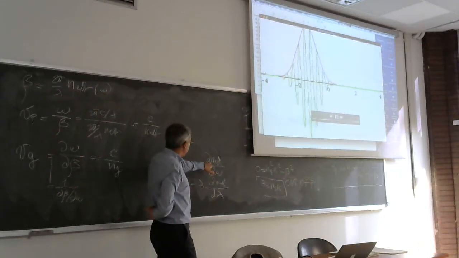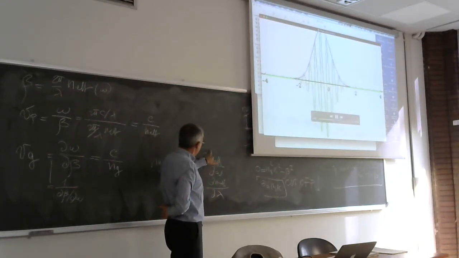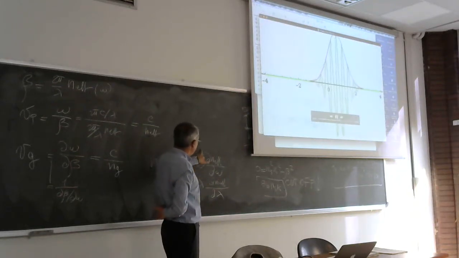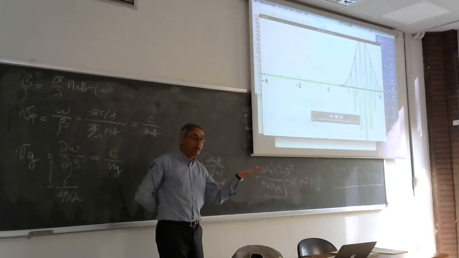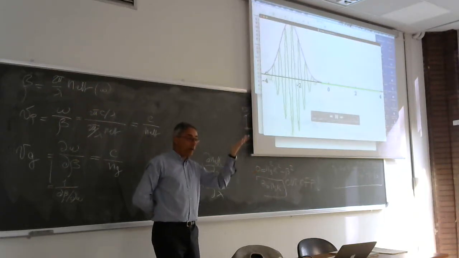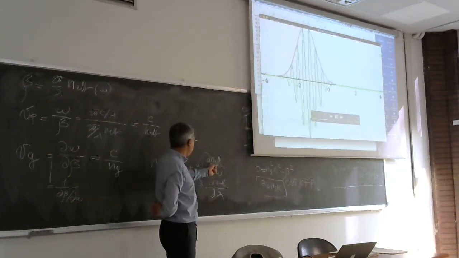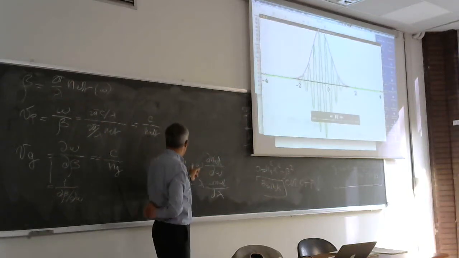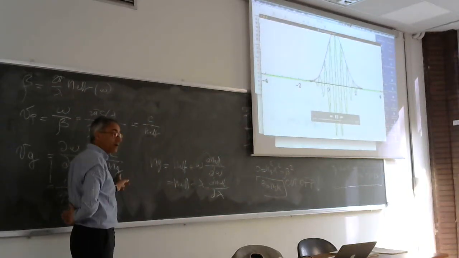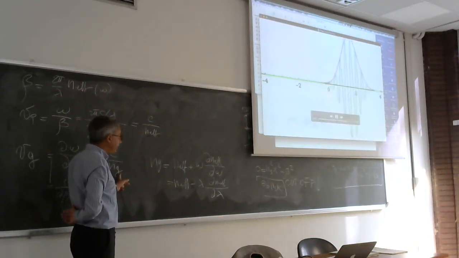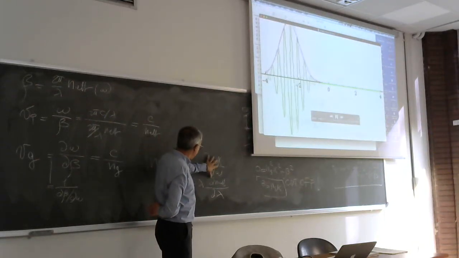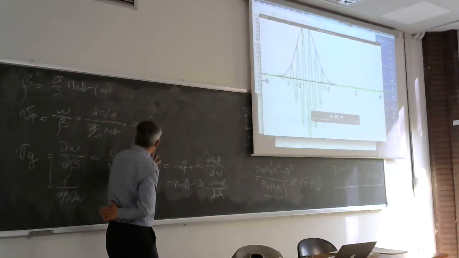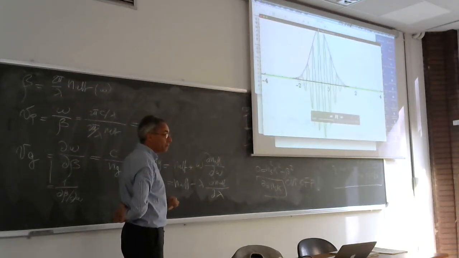If the refractive index depends on the frequency, this term is different from zero. In free space, in air, the refractive index does not depend on frequency, so the effective index and the group index are equal. But in our case, the effective index depends on frequency, so this term is different from zero, and the group index is different from the effective index.